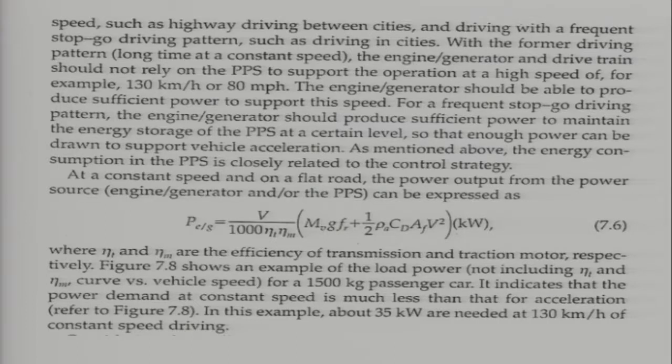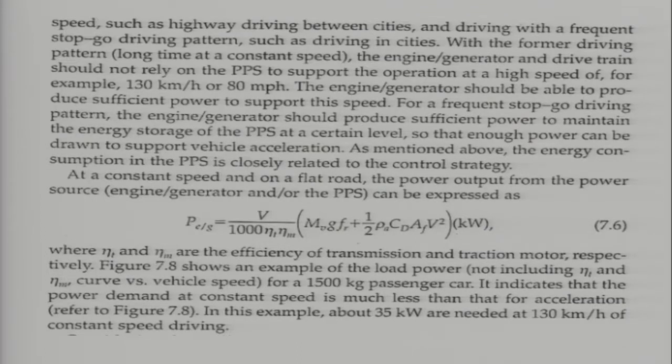So usually what is done is, at higher speeds the PPS is not being used. At higher speeds the generator or the engine itself is sufficient to produce that power, and PPS is kept under open circuit conditions. So that is not being used for supplying the power.